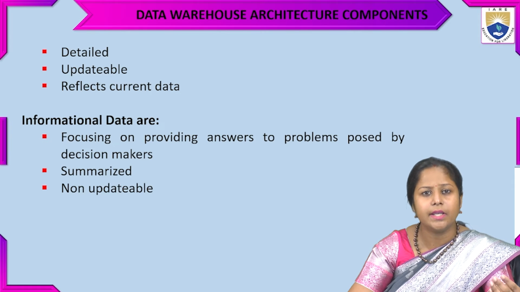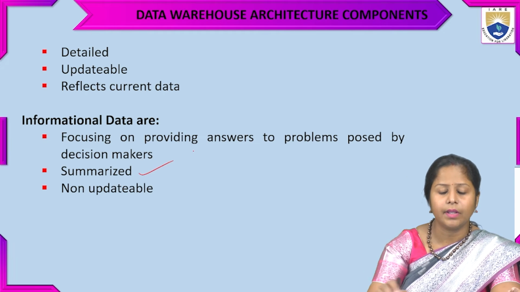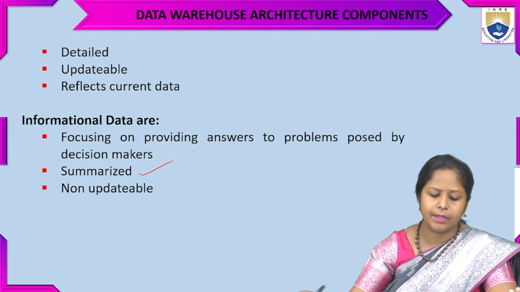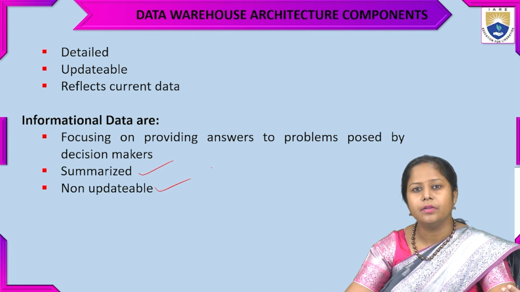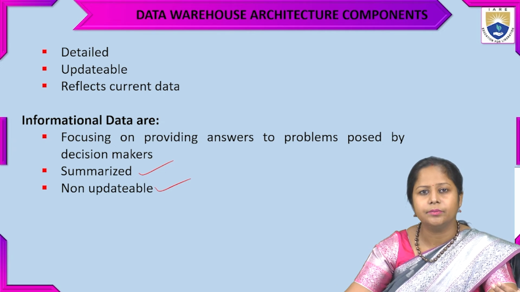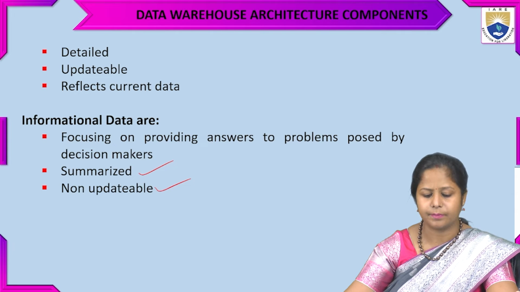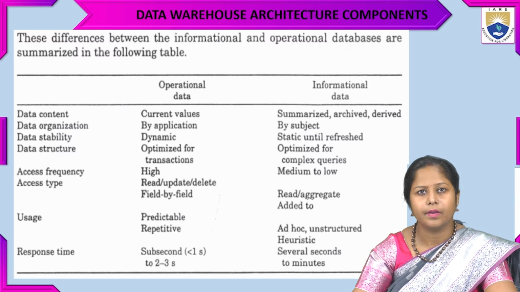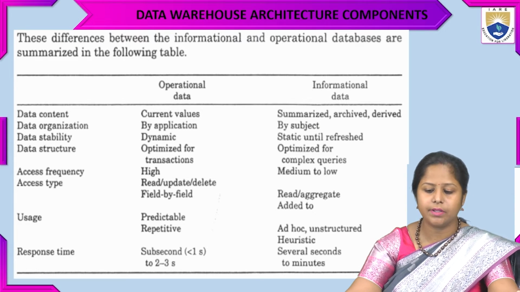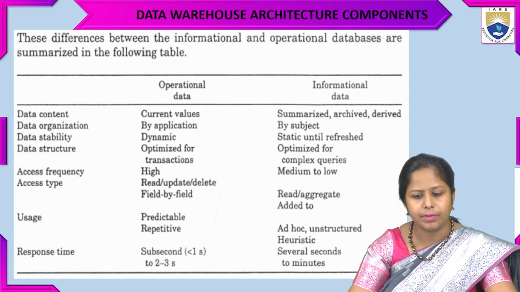That is the informational data. It will be summarized and non-updatable, so we cannot update it once it is stored in the data warehouse. These are the differences between the informational and operational database.